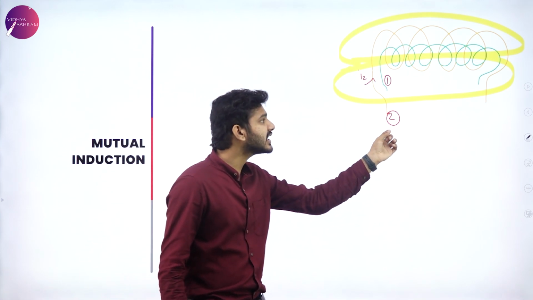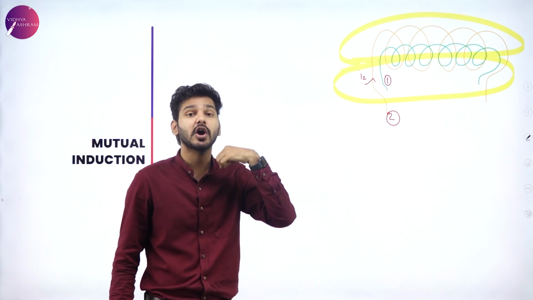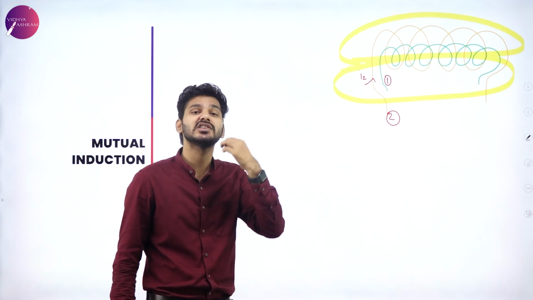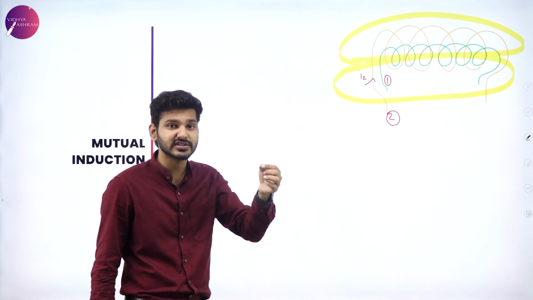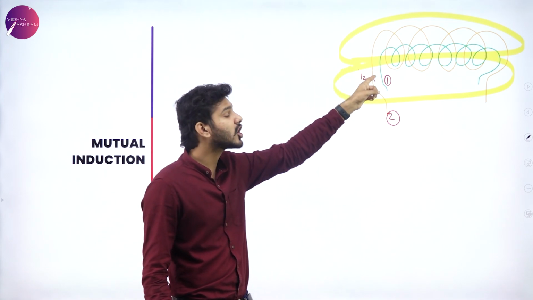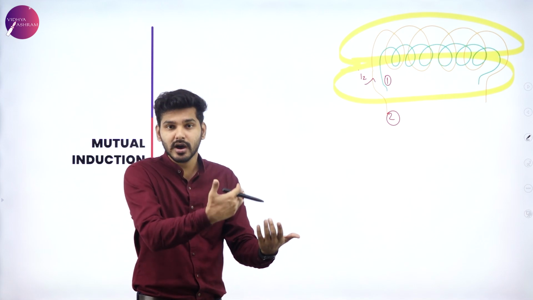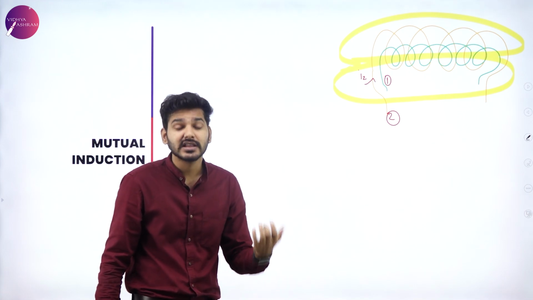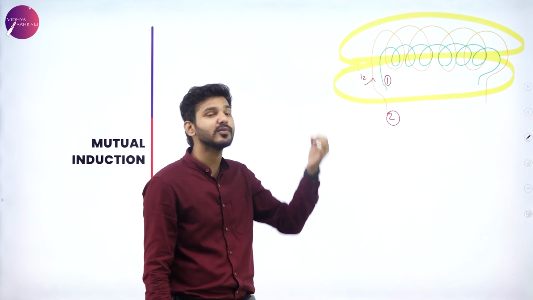Now, this particular flux that is being produced by coil 2 is also passing through coil 1, which means there is a change in magnetic flux concentration, or magnetic field concentration, in coil 1 also. And since that magnetic flux associated with coil 1 is also changing, there is an EMF or voltage being induced in coil 1 also.